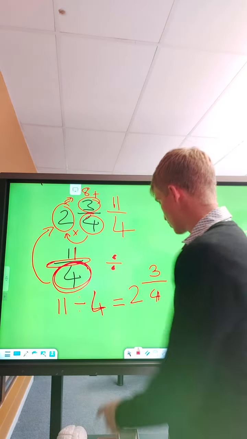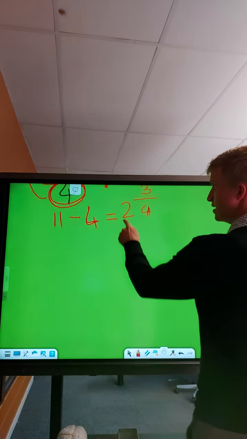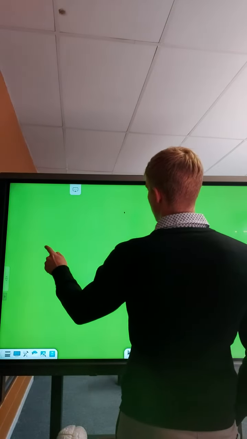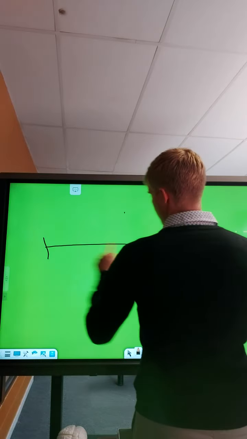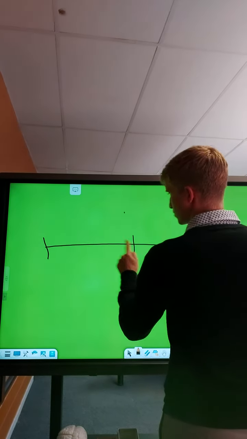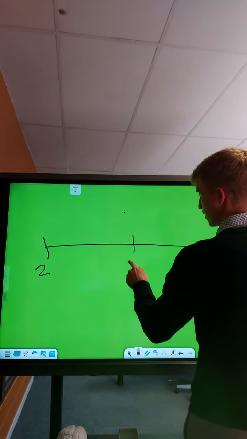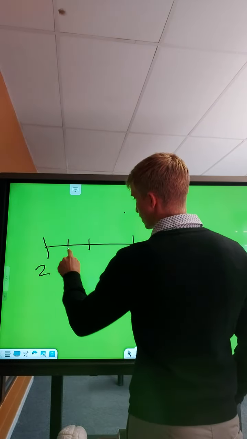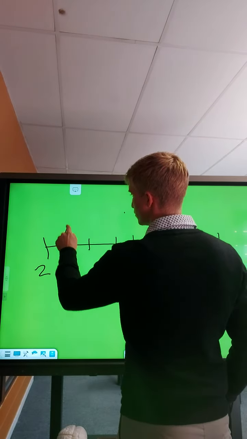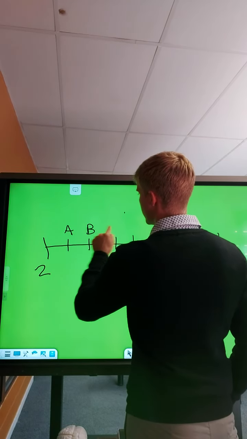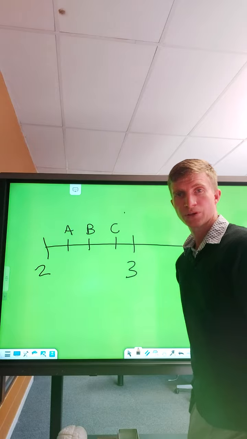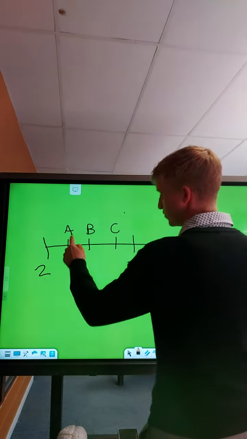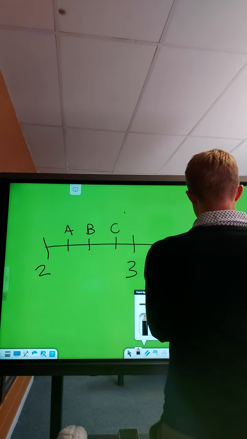Okay, then there's a question that shows us a number line. So I've got this number line. It starts at 2, then I've got 3 there, 4 there, and then this one they've divided into sections A, B, and C. Okay, and I am asking what is the value of A?